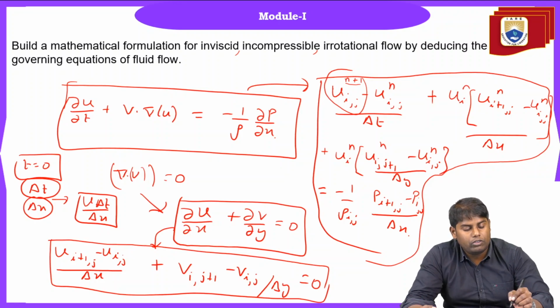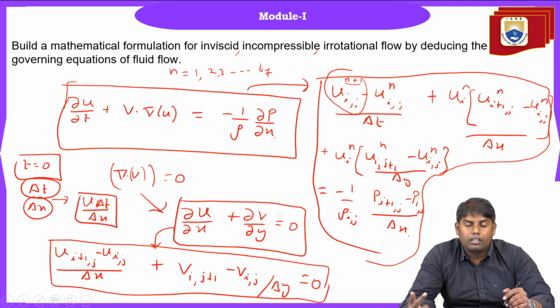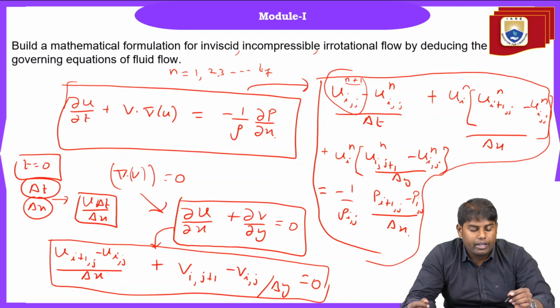The n values will go from 0, or here we will consider from 1, so 1, 2, 3, and so on till t final. Till t final, you will keep on running the simulation, updating the values by storing them in different grid points or different data sets, such that you will get the final step.